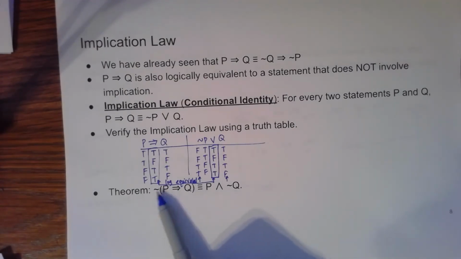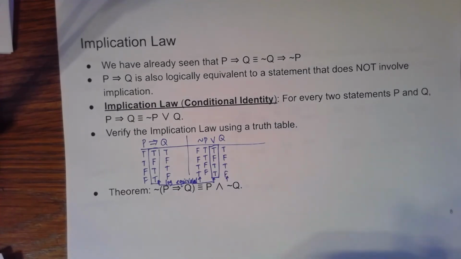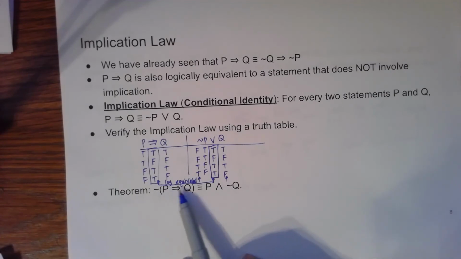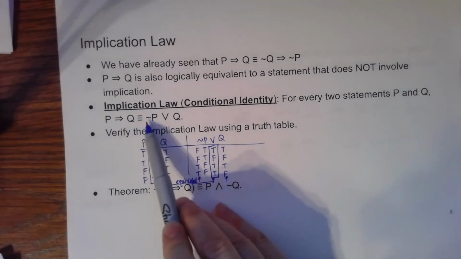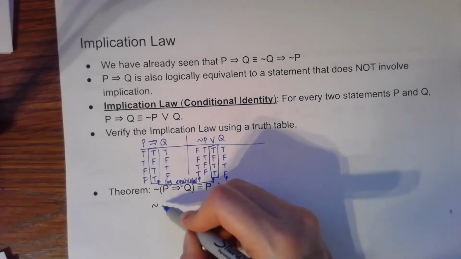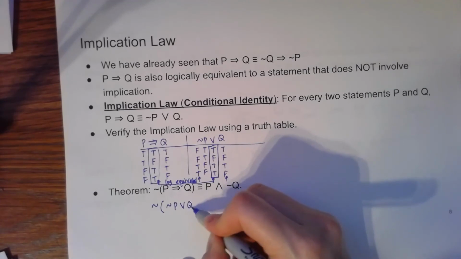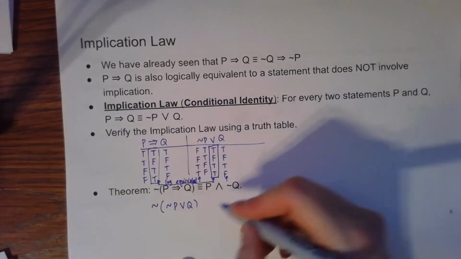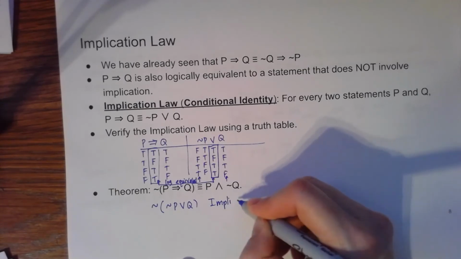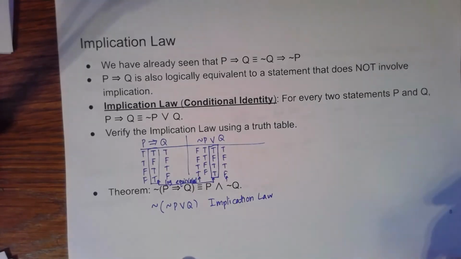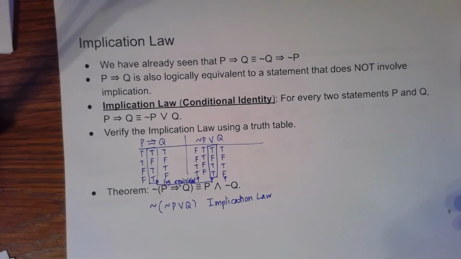So we look at the left-hand side of the logical equivalence and see if we can substitute logically equivalent statements and eventually derive P and not Q. This part, P implies Q, I know is logically equivalent to not P or Q. So I could replace what's in parentheses with not P or Q, and we can do that because of the implication law. I can replace one with the other and they're still exactly the same thing.